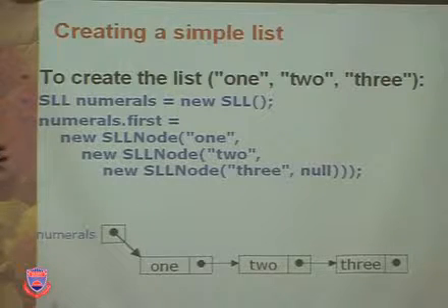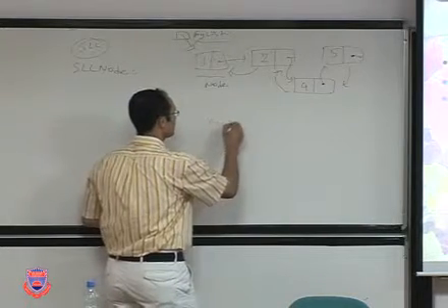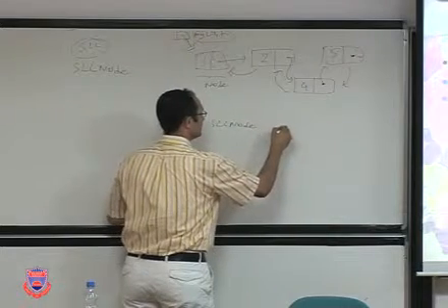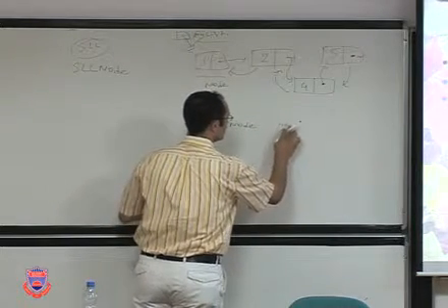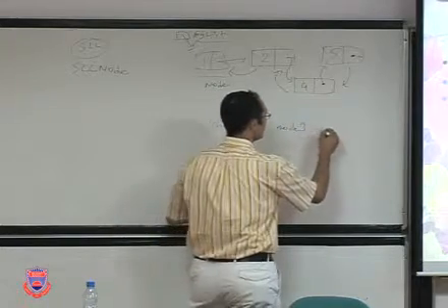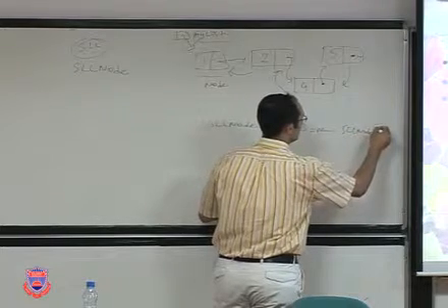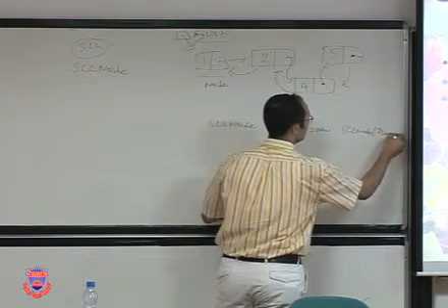You could separate this into 3 additional statements, right? It will be the same thing. How could I separate that? Instead of doing that, I can say SLL node 3 equals new SLL node 3 and then null.